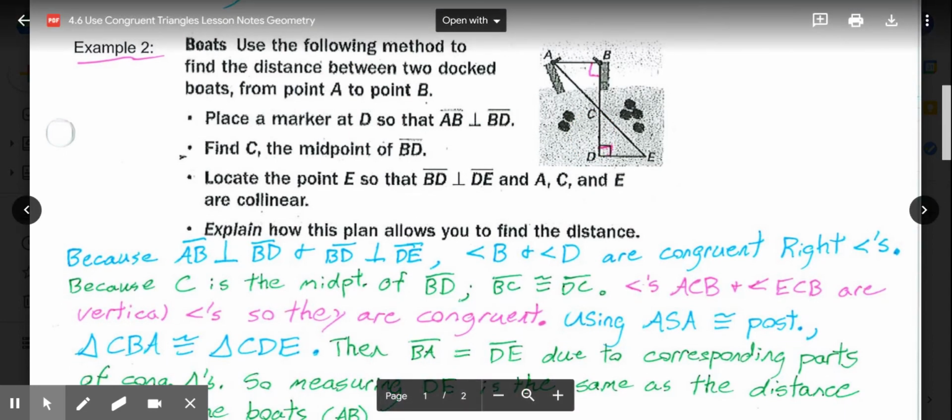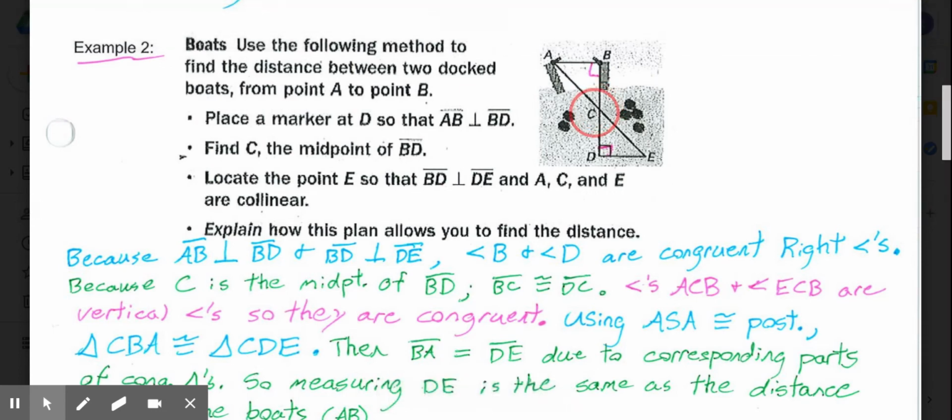We also know angle ACB and ECB are congruent to each other right here in the middle because they're vertical angles.